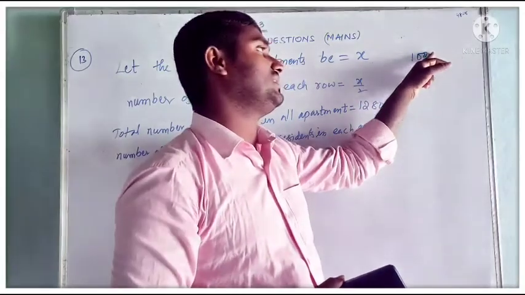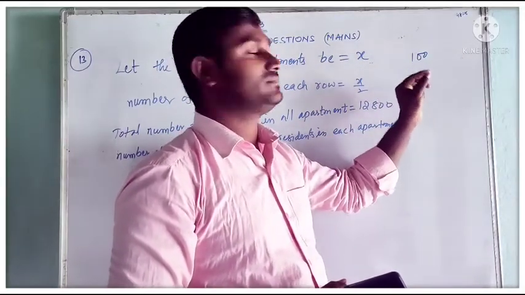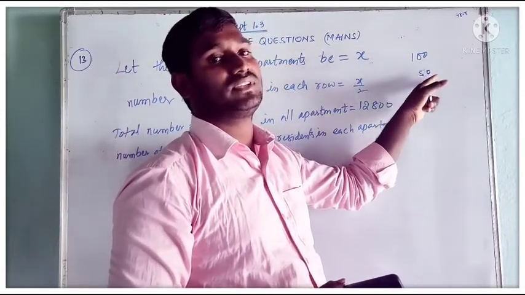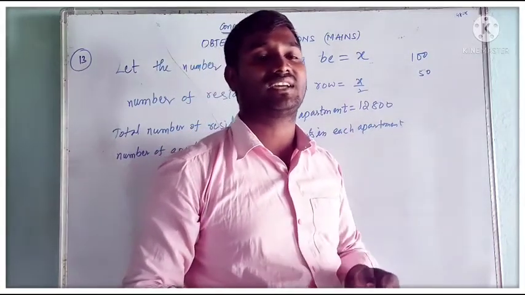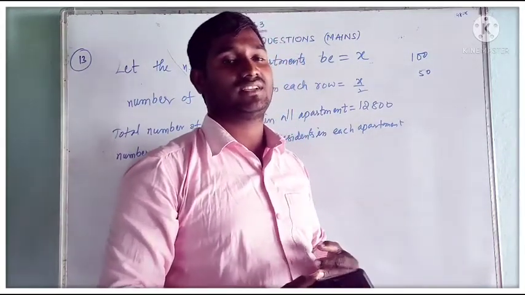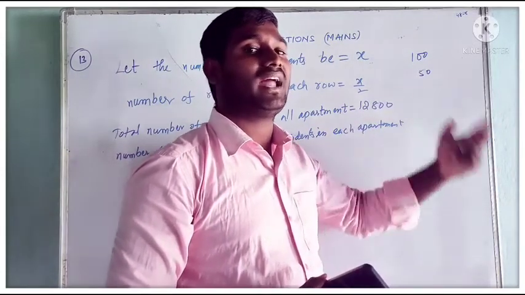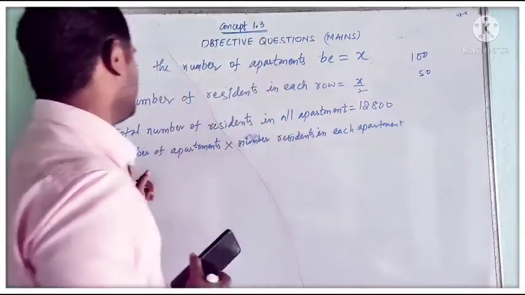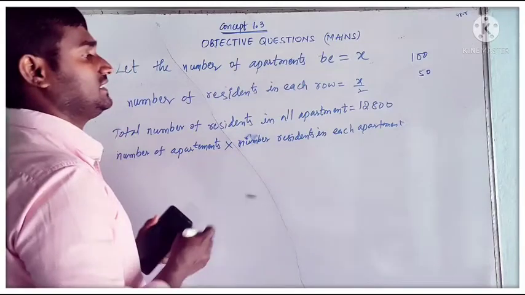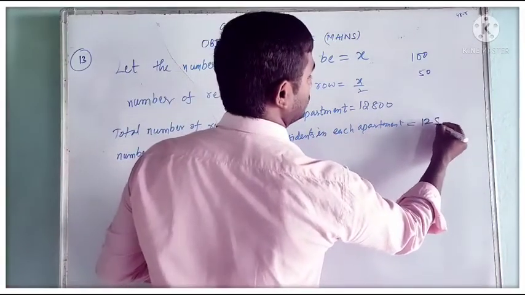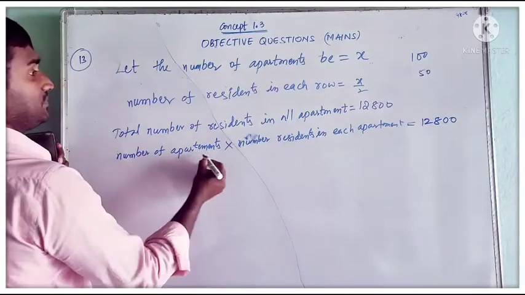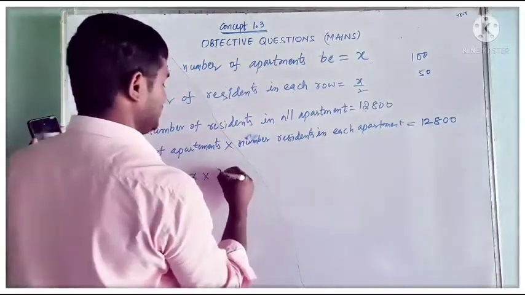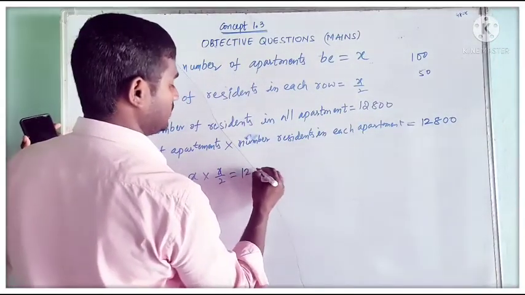With 100 apartments, each apartment has 100 by 2, that is 50 residents. So the total is 100 into 50, the number of apartments into the number of residents in each apartment, equal to 12,800.